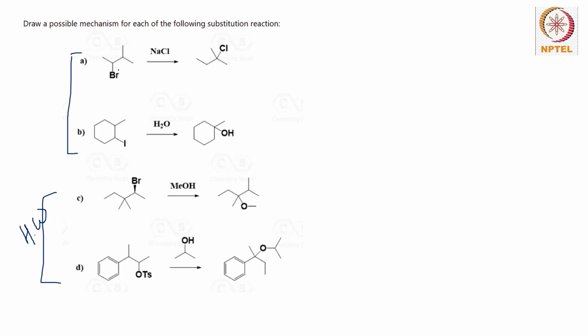So let's start. Whenever the leaving group and the nucleophile are not at the same position for any saturated type of system, you can get an idea its reaction is going through SN1. Because otherwise, in case of SN2, the leaving group and nucleophile will enter and leave from the system simultaneously, so it will be at the same position, in case of a saturated system.